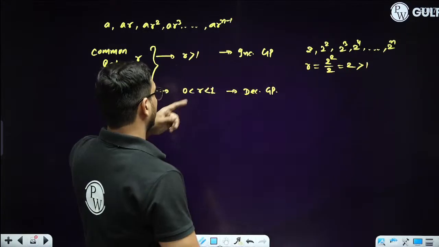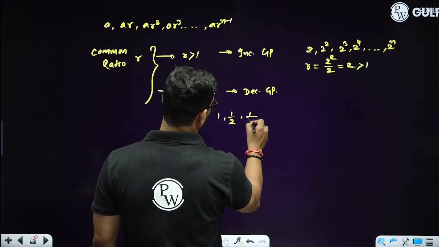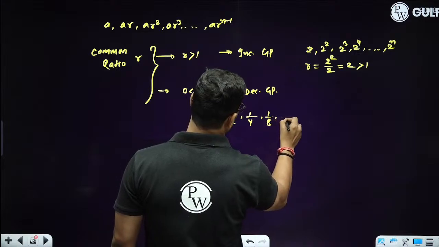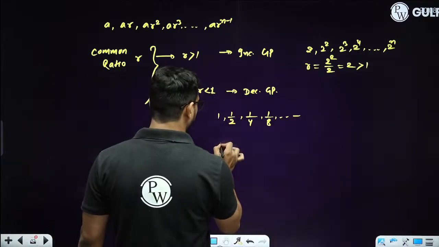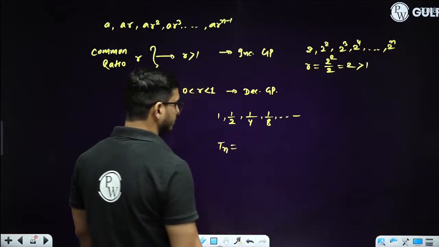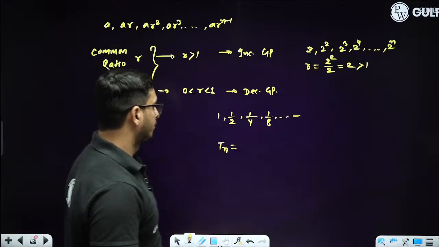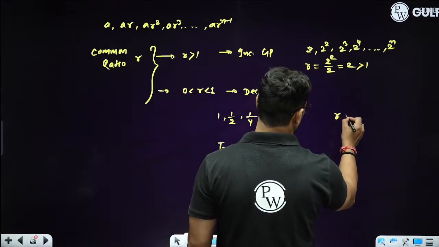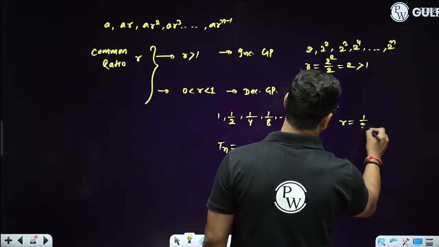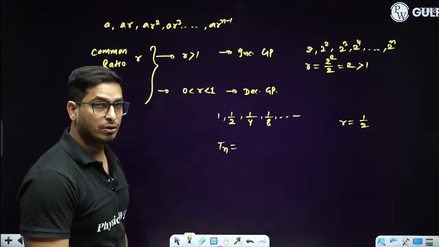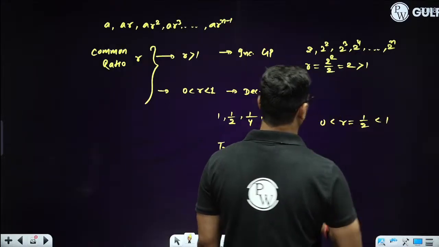Now if we have 1, 1 by 2, 1 by 4, 1 by 8 and so on. Tell me the nth term, and also R. R is 1 by 2, yes or no? R is 1 by 2, which is less than 1 but greater than 0.